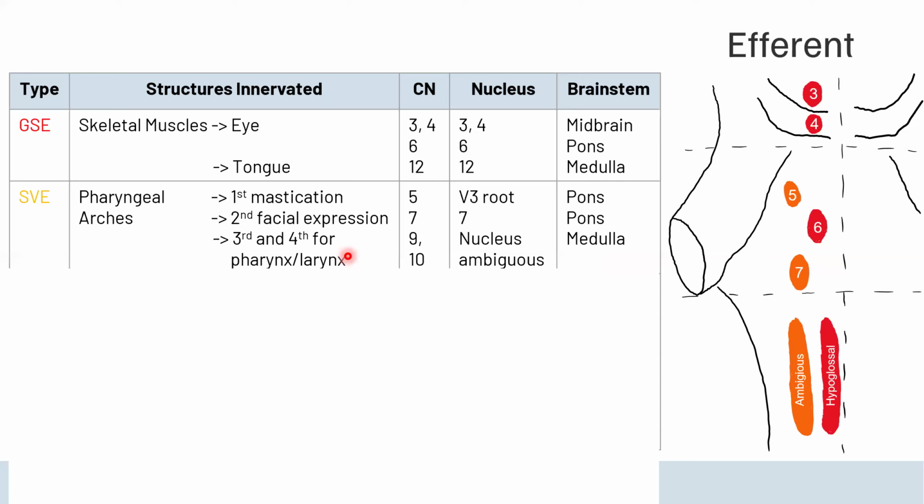Now, looking at the nerves that actually contribute to this, the ones supplying the pharynx and larynx, we have cranial nerves number 9 and 10. The glossopharyngeal is super curious about things.